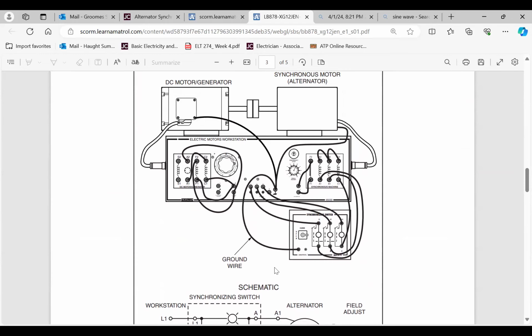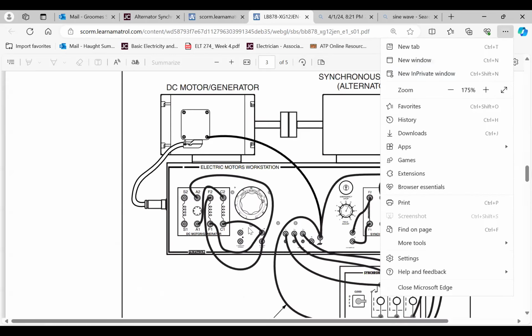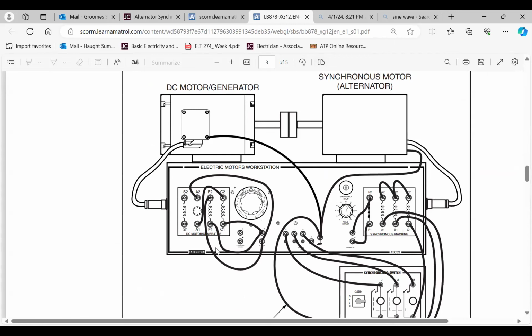This is what you would do again in the lab. You would wire this as it shows. You can see all of these lines are showing how you would wire it. If you zoom in, it's kind of interesting to note you can see L1, L2, L3.